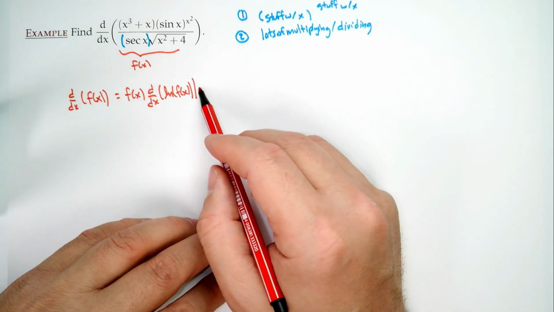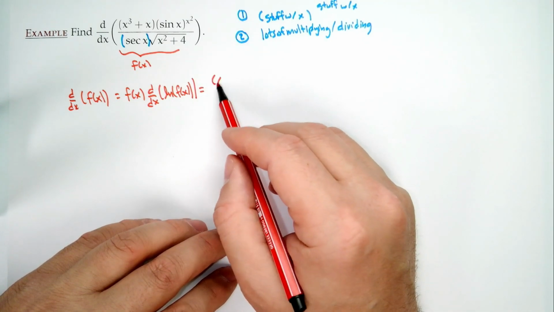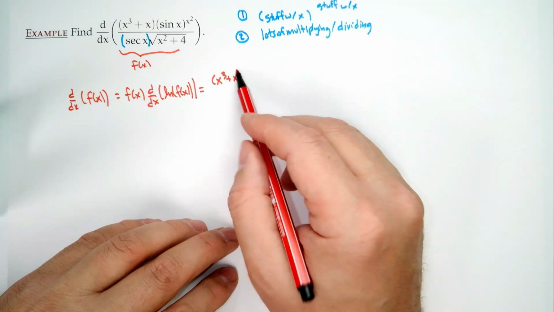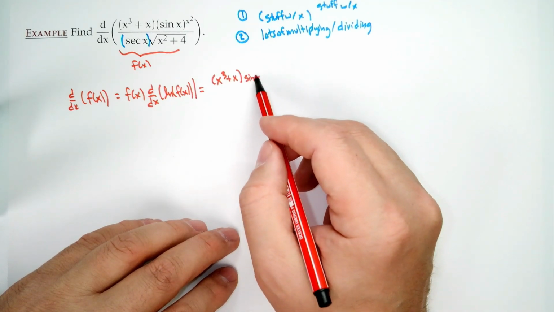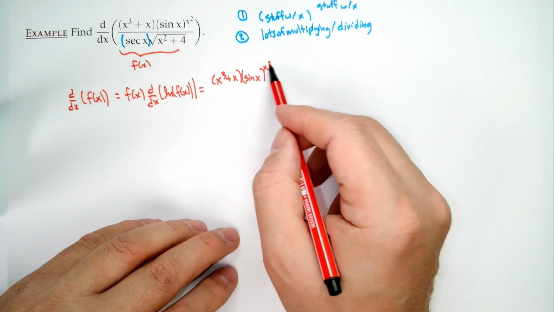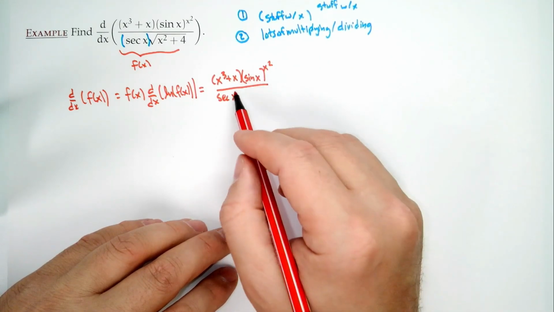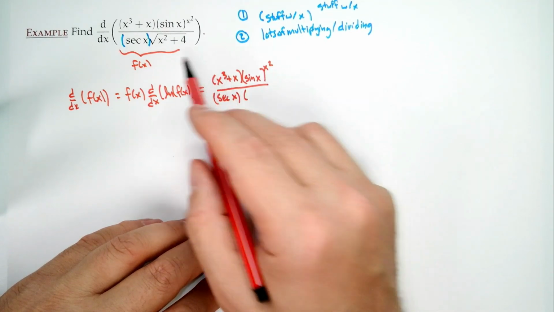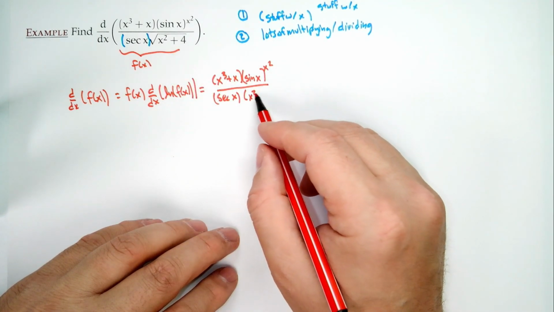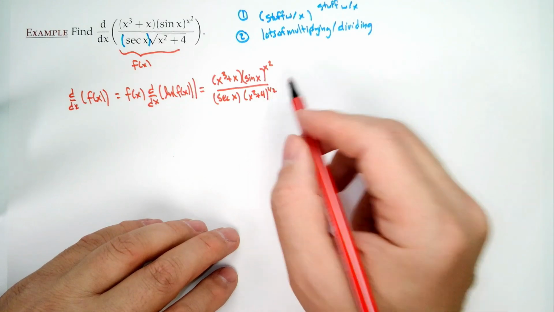So, here we go. (x cubed plus x) sine of x to the power x squared, over secant of x times the square root of x squared plus 4. Write that in a calculus way: x squared plus 4 to the 1/2.